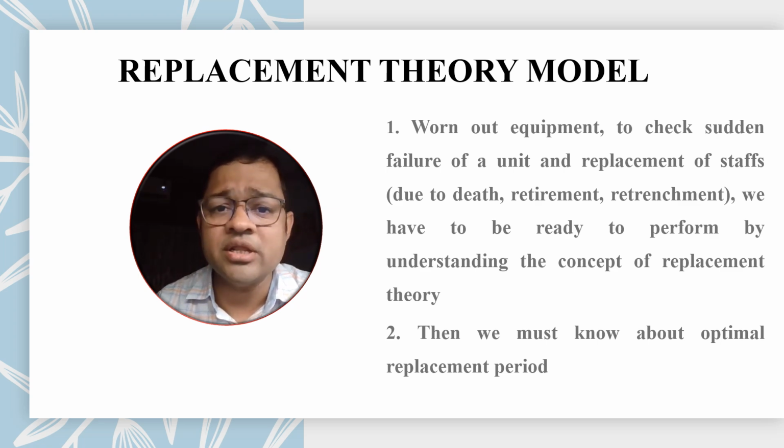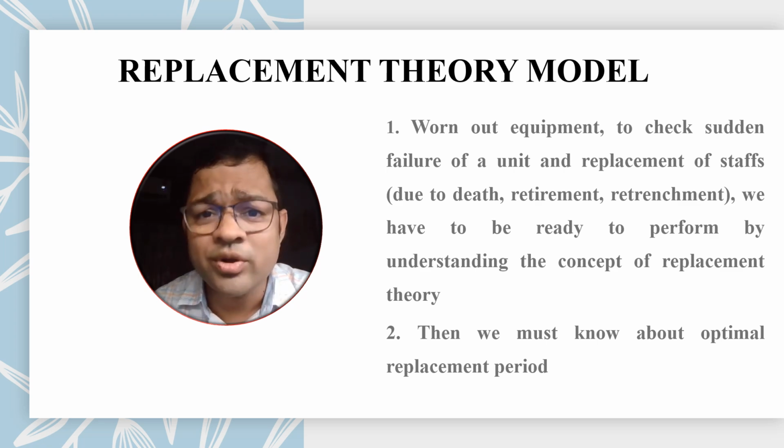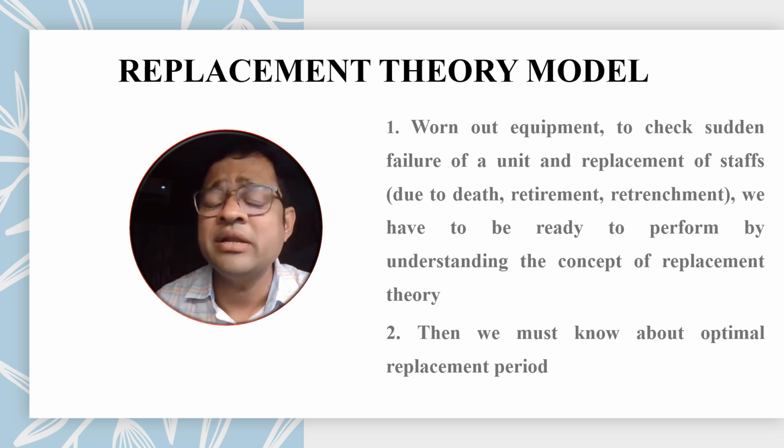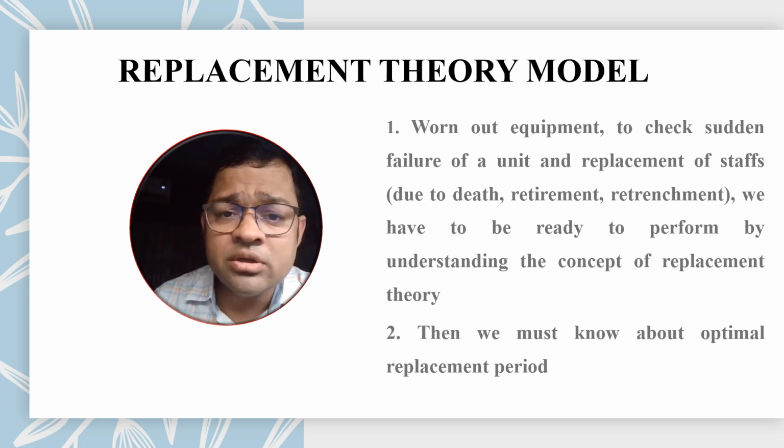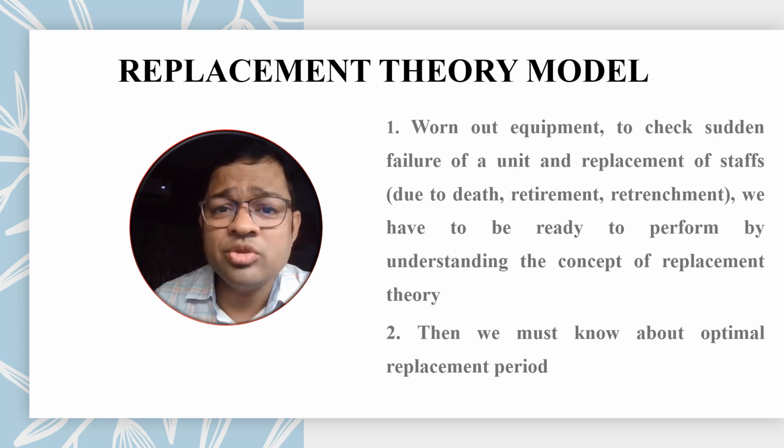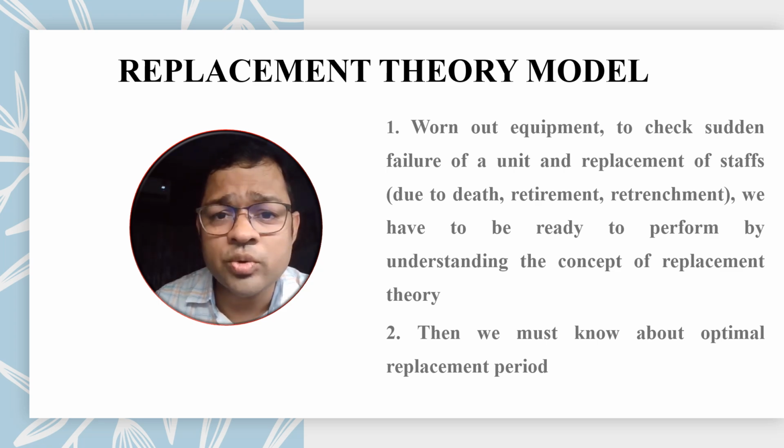Similarly, in replacement models, to balance breakdown maintenance and preventive maintenance, you have to decide at what point in time to replace your machinery, your bulbs, or any type of asset in your organization. Many times you have to completely replace things, because the assumption is that your continuous activities should not be stopped.